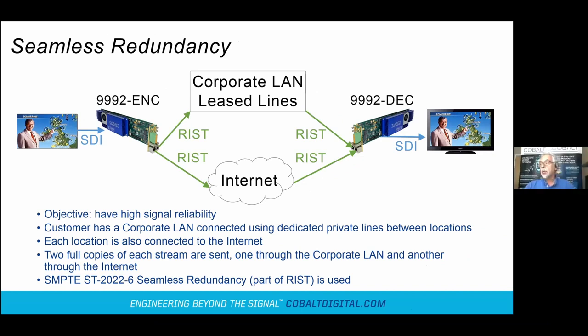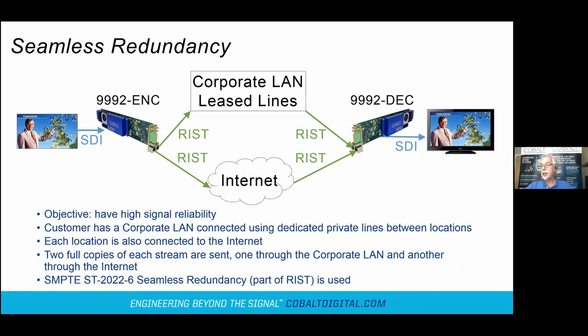So this is an actual customer installation. I'm just not going to say the name because I don't have permission, but the objective of this customer was to have very high reliability. And what they had is a corporate LAN among the sites with leased lines. So they had dedicated leased lines through a provider between the sites.